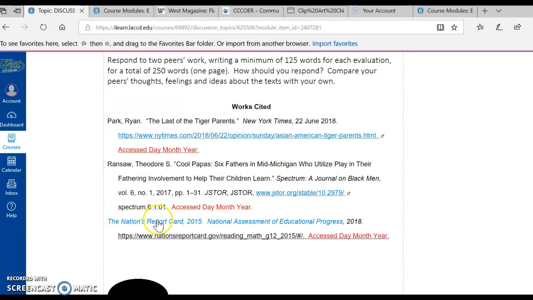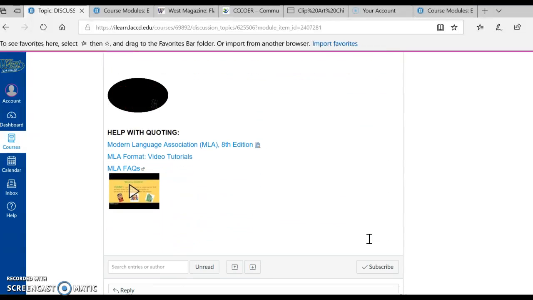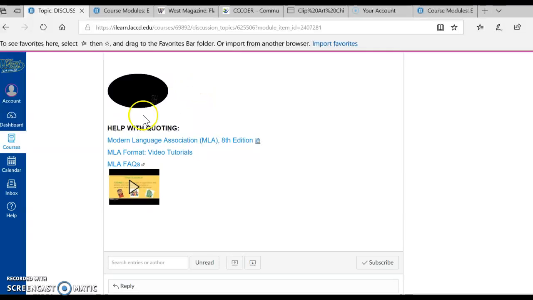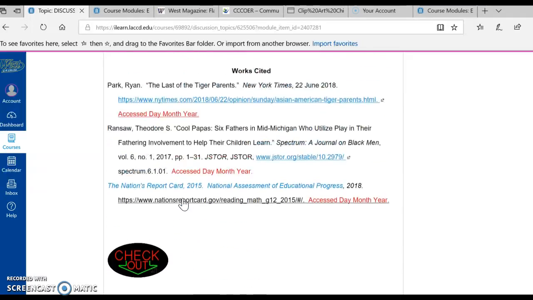And we also have the Nation's Report Card 2015, the National Assessment of Educational Progress 2018. And you are familiar with this source, and we will be exploring it again. Scrolling down, we have help here with quoting, and it is here as you will be quoting in this discussion.